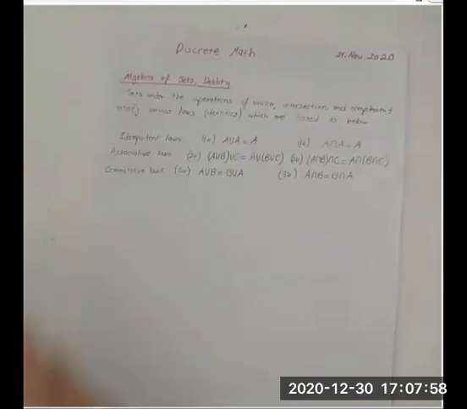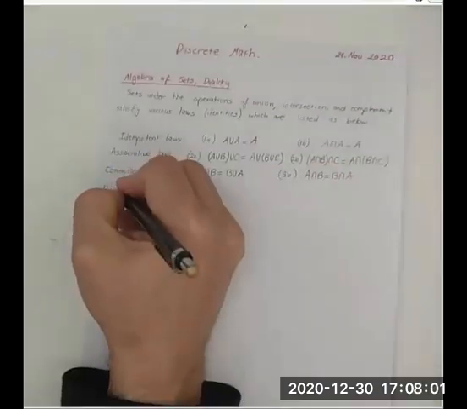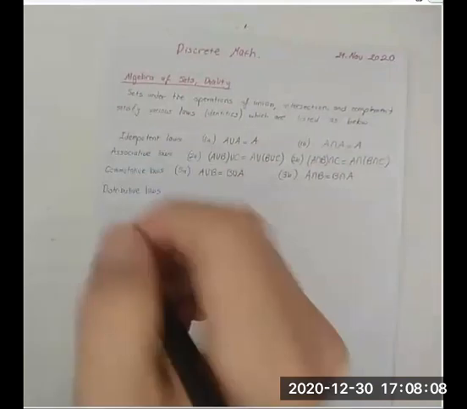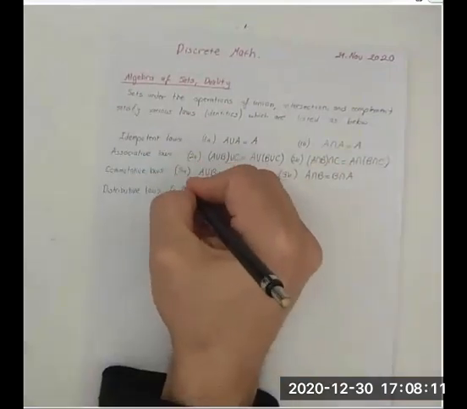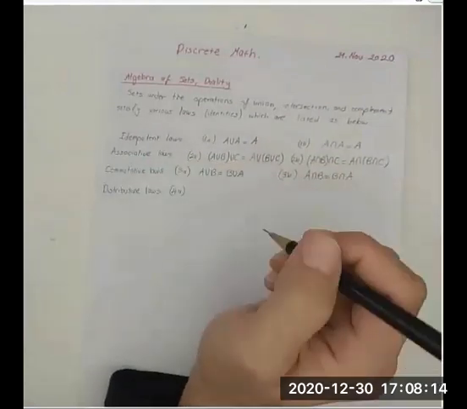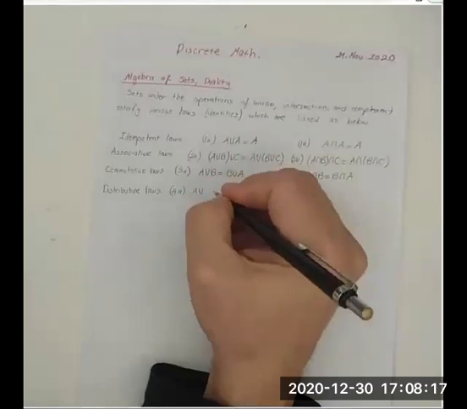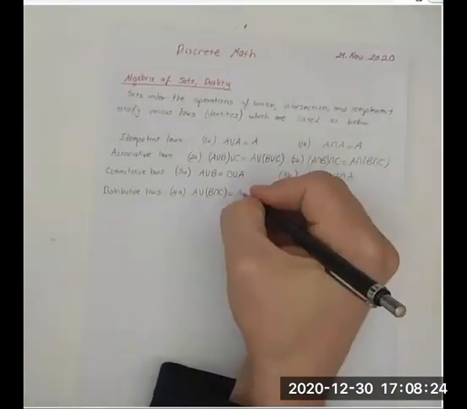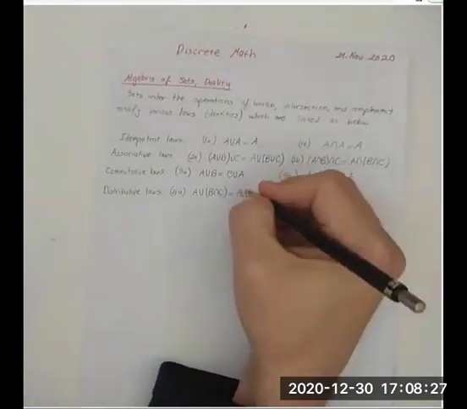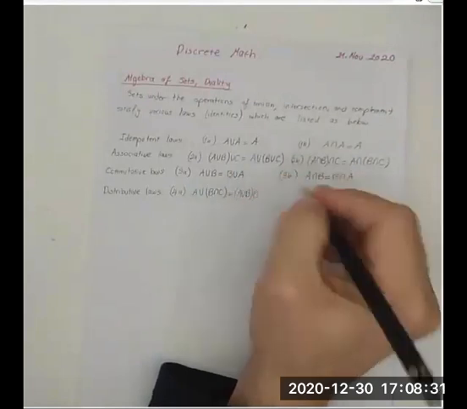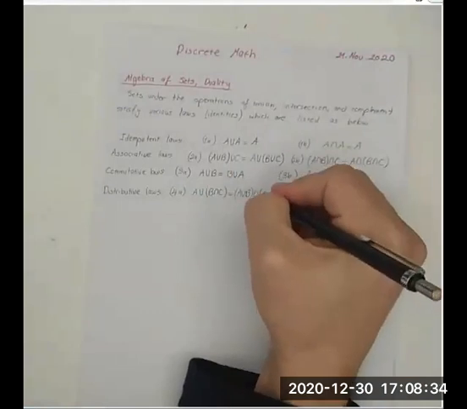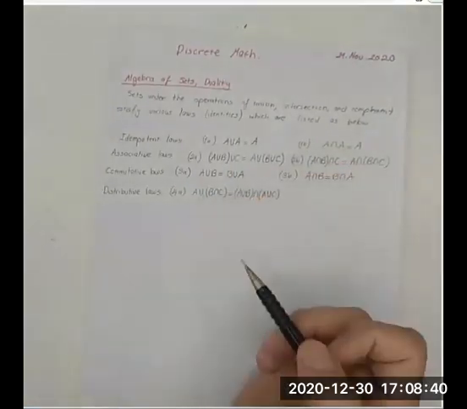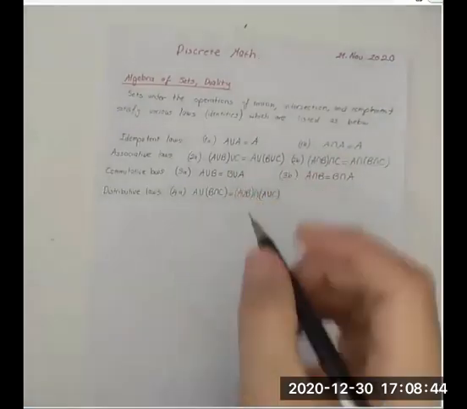And distributive laws, 4A: A union in parentheses B intersect C is equal to A union B in parentheses, intersect A union C. So union can be distributed over intersect.